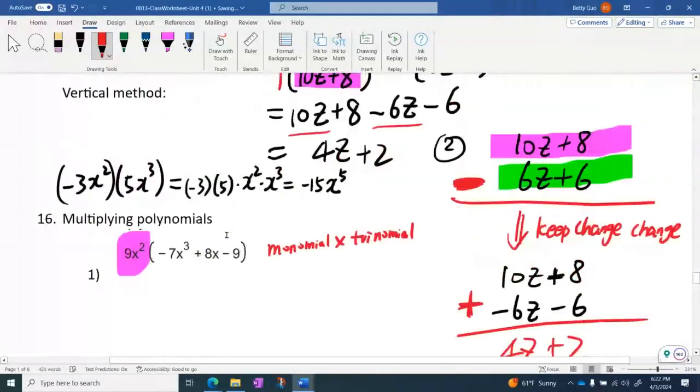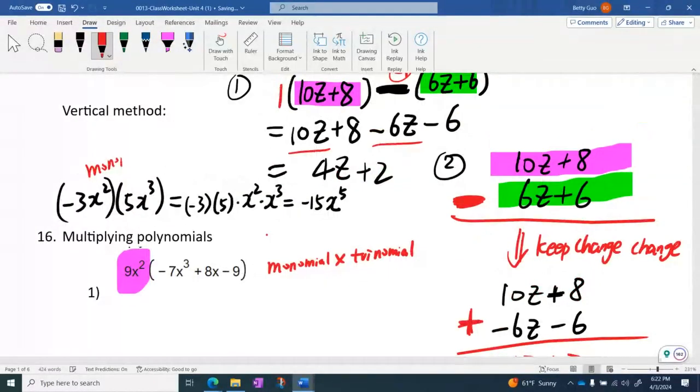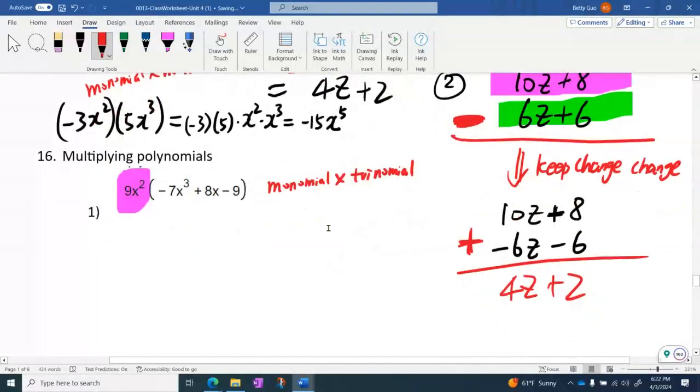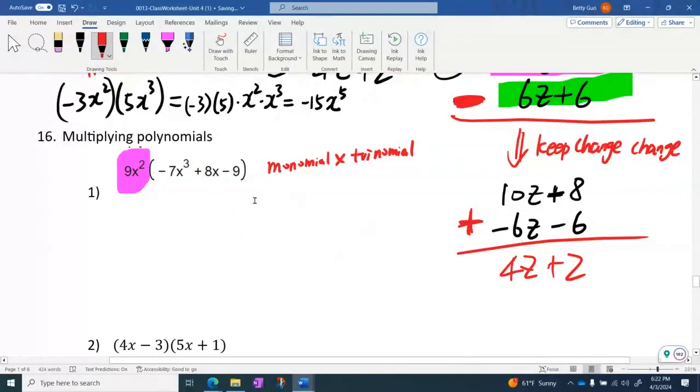Earlier we had a monomial times a monomial. Any other types of polynomial would all be the same process. When we multiply a monomial by a trinomial, we see the monomial as the coefficient, and then we apply the distributive property.